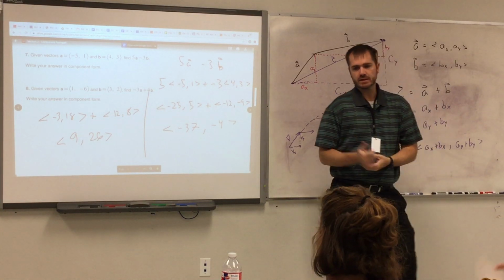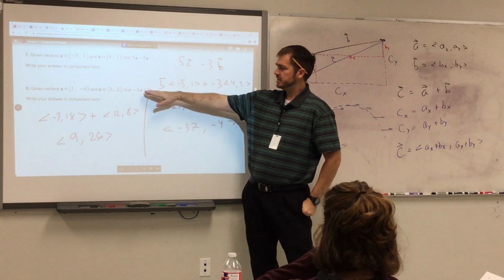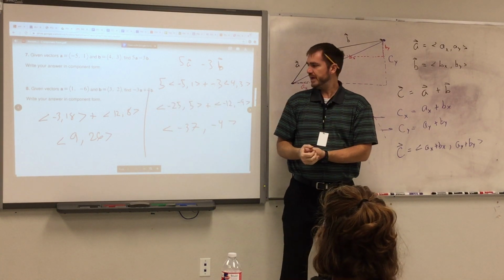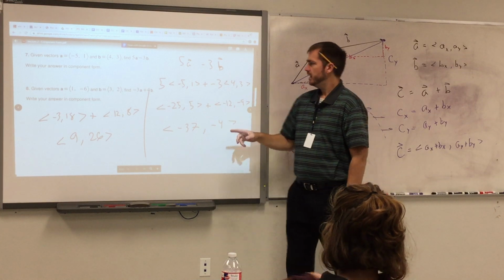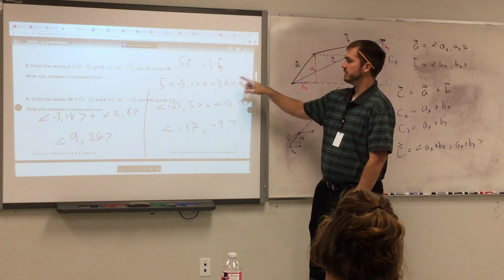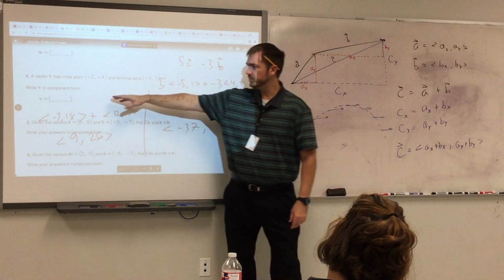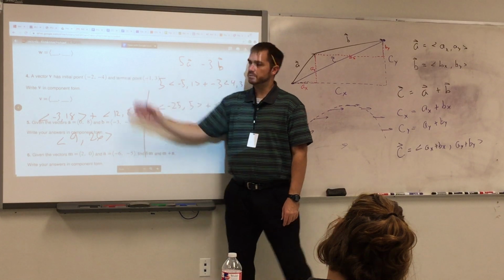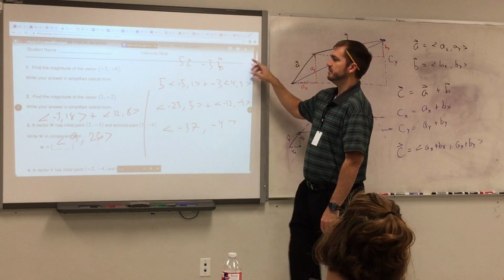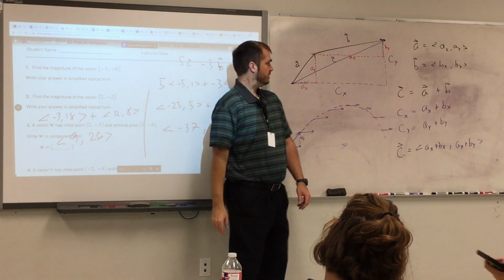So class, today we talked about component form, looking back through this. We talked about combining vectors that have been multiplied. We talked about how to deal with vectors multiplied by a scalar, all in component form. We talked about how to find the component form given an initial point and a terminal point. And we talked about how to find the magnitude of a vector given component form.